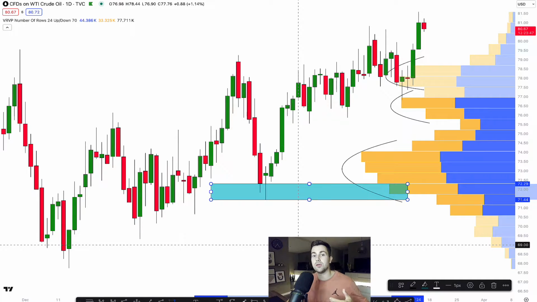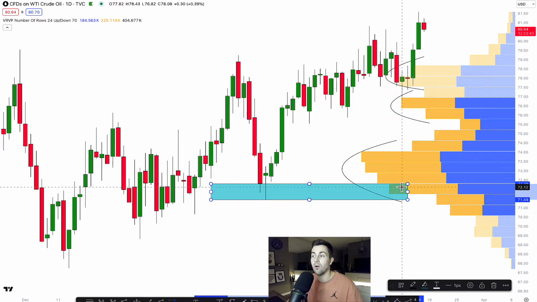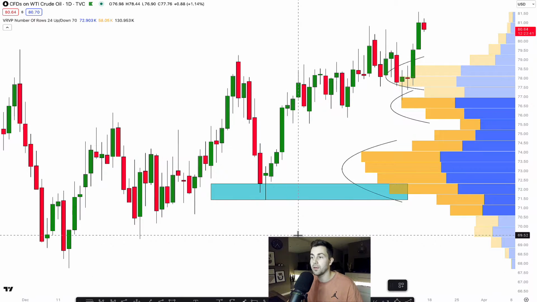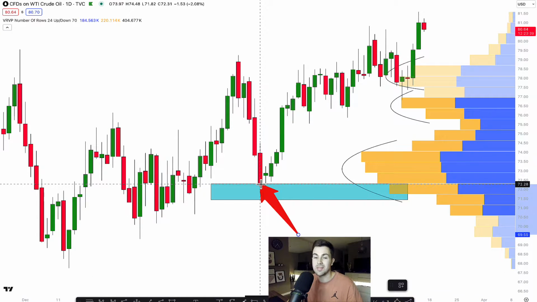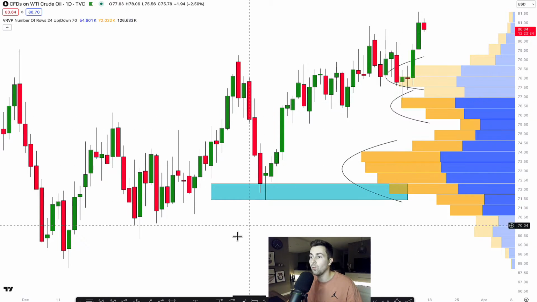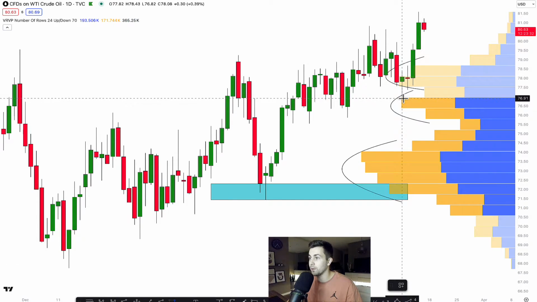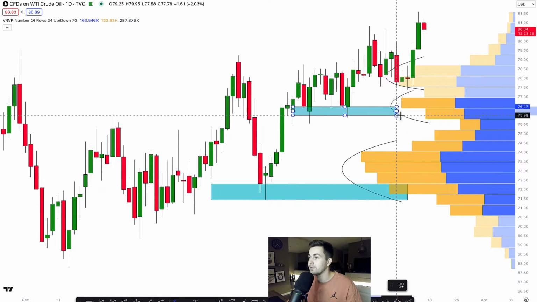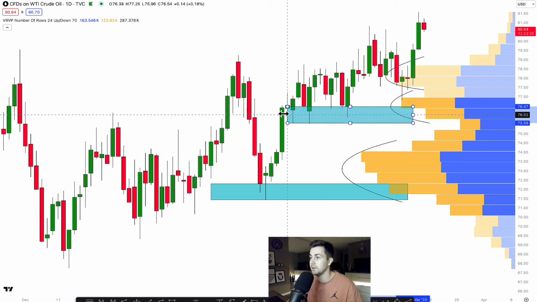Also, when you draw the liquidity zone based on the high volume node, make sure that you take into consideration the candle close and the wick. Our second high volume node will be over here. And if we look left at structure, we have some important structures here, right?